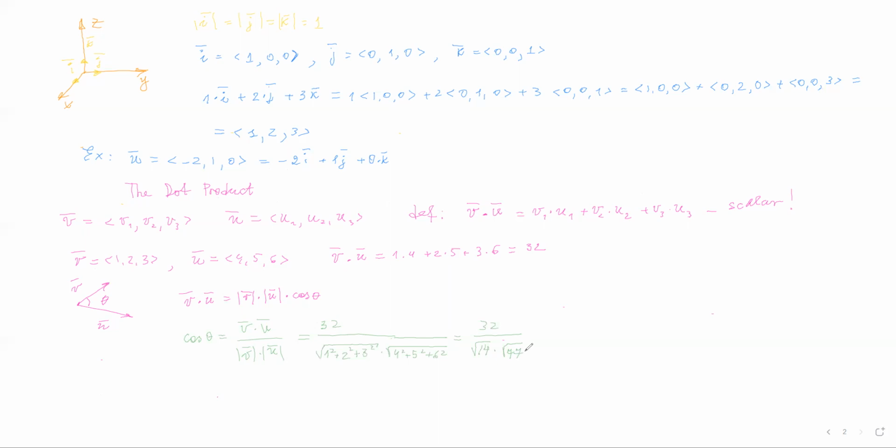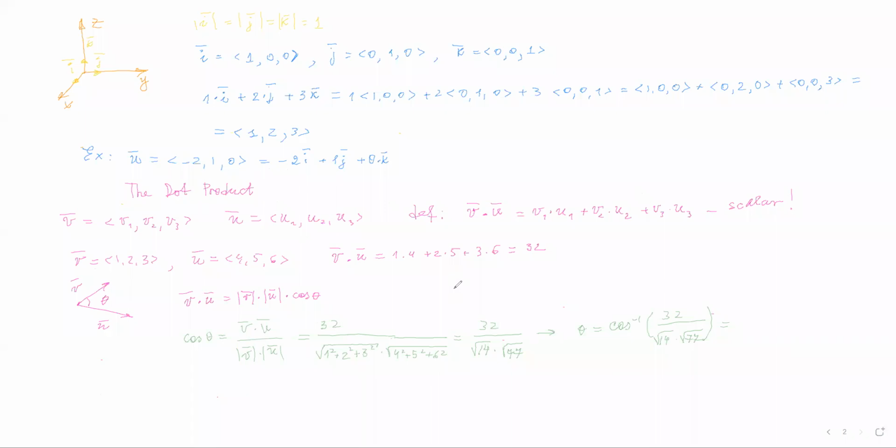To find the actual angle, we'll need to find cosine inverse, right? To find theta, we'll need to take cosine inverse of this 32 over square root of 14 multiplied by square root of 77. Well, I think I'm going to stop my recording for a second, calculate it, and write it down over here, okay?